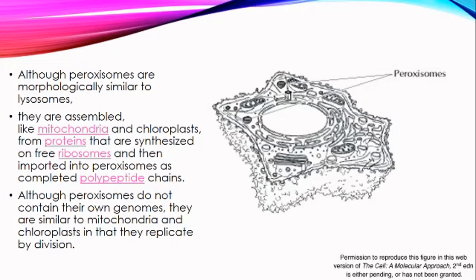It is also accepting protein from the ER or the endoplasmic reticulum. And it also multiplies like bacteria through binary fission. So peroxisomes do not contain their own genome. That is a difference between the mitochondria and the chloroplast, because chloroplast and mitochondria have their own genome, but peroxisomes have no genome.